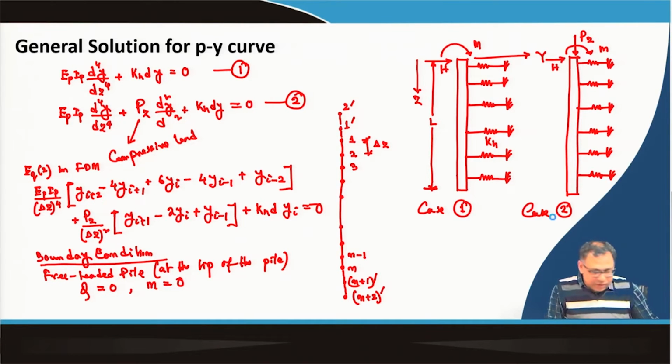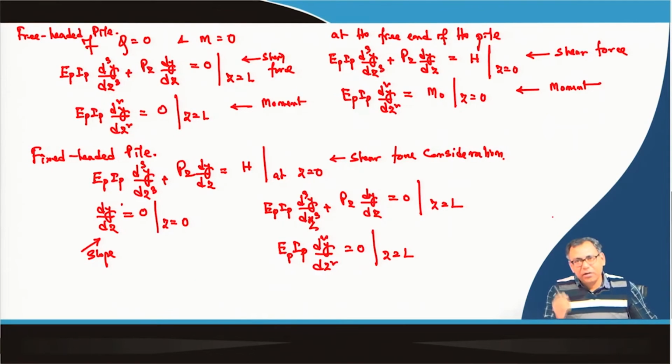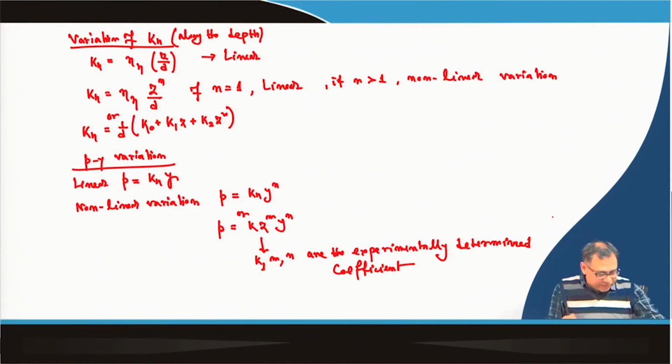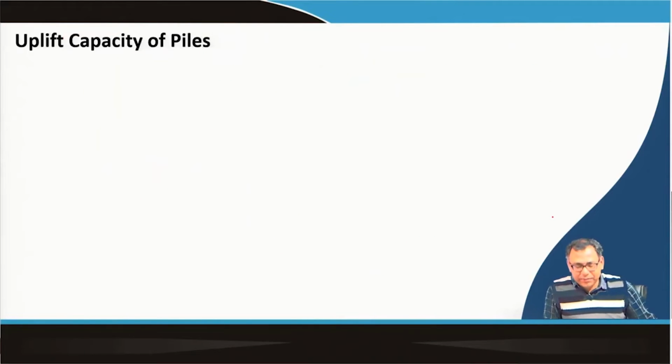So, this way you can get a solution, and then you will get the deformation and the other quantities. So, this is the end of this lateral loaded pile part. Now I will start the next topic, that is the pile under uplift load.